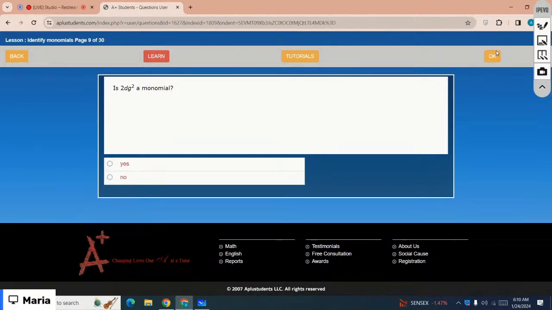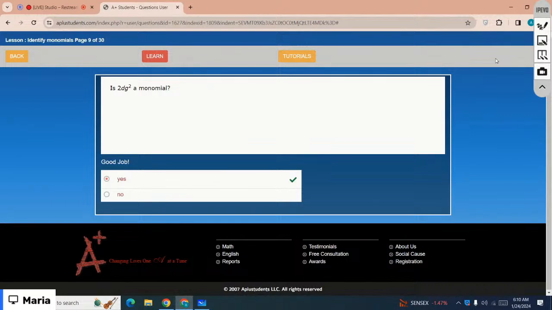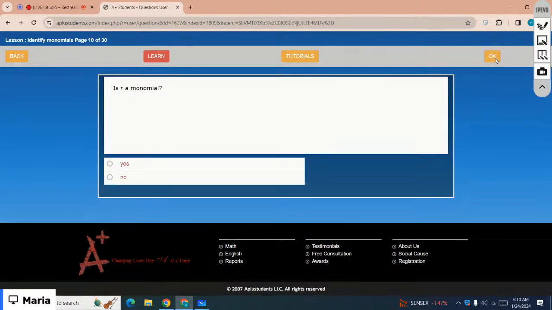The correct option is yes, it is a monomial. Is r a monomial, which is the correct option?